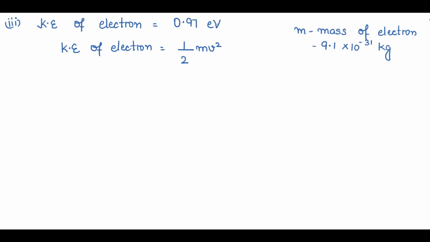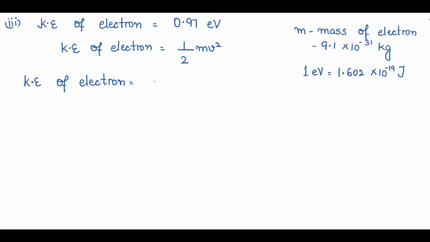If you see, we have kinetic energy in electron volt. First of all, we'll convert this value into joule, and then we'll put the values over here, right? So kinetic energy of the electron, okay, 1 electron volt is equal to 1.602 into 10 raised to power minus 19 joule.